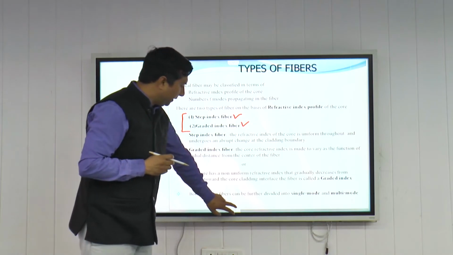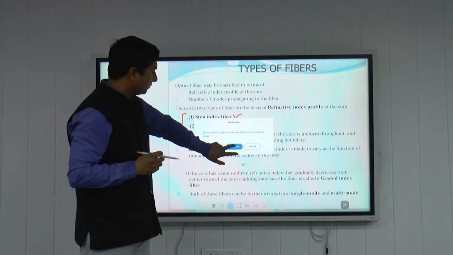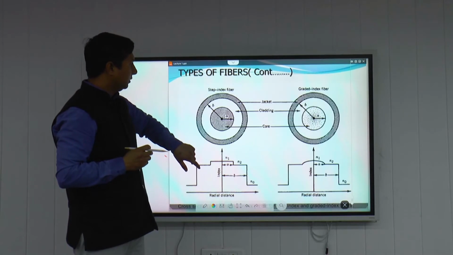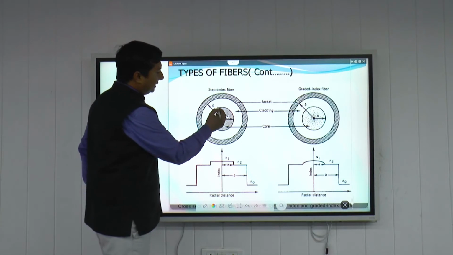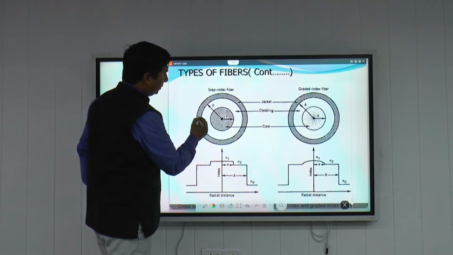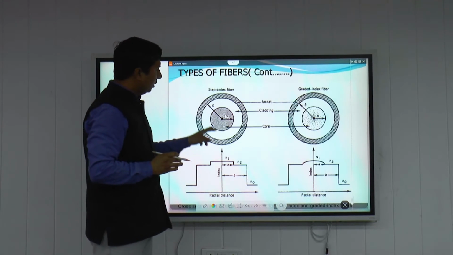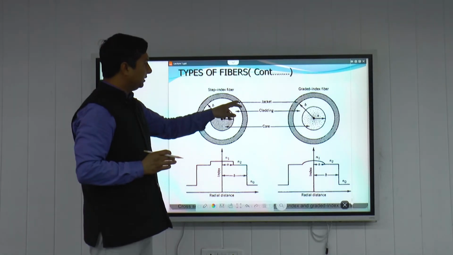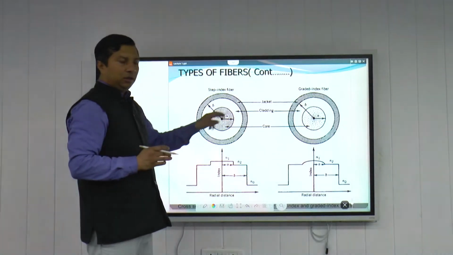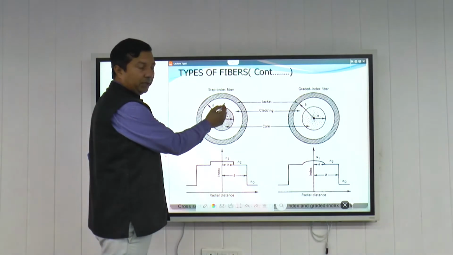In step index fiber, you can see here, this is the core, and this one is cladding, and that is the outer jacket. Now, this has a refractive index and this has a refractive index.